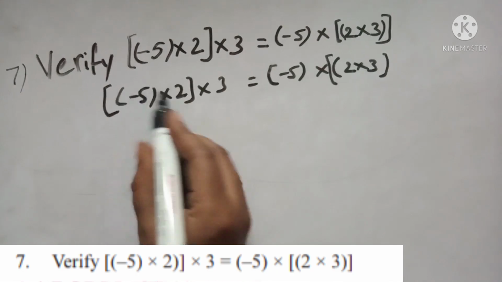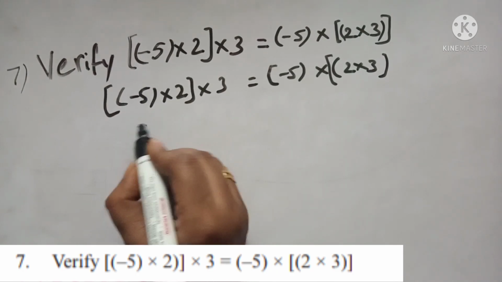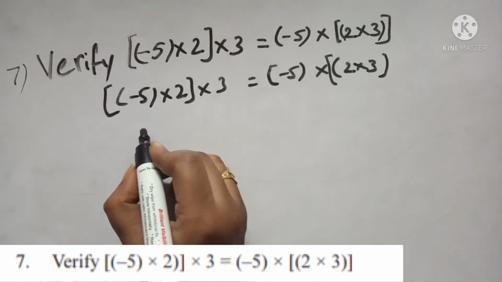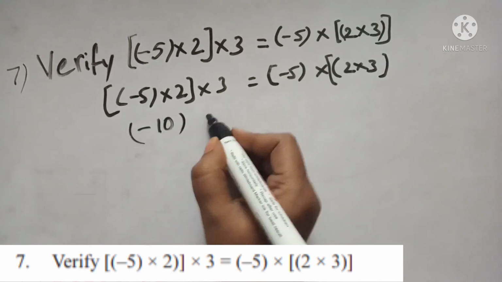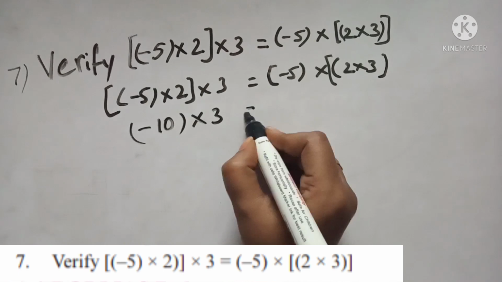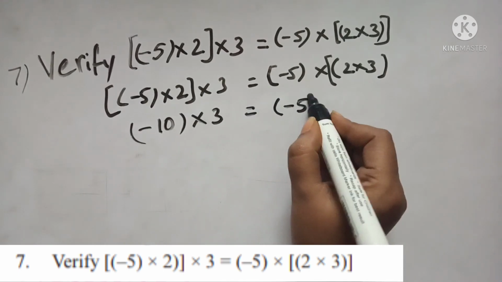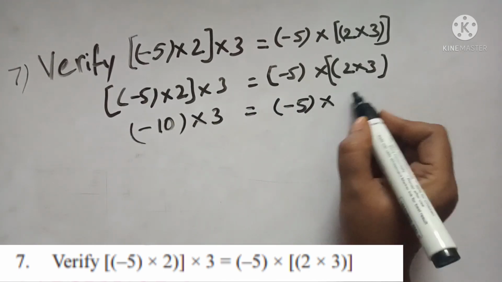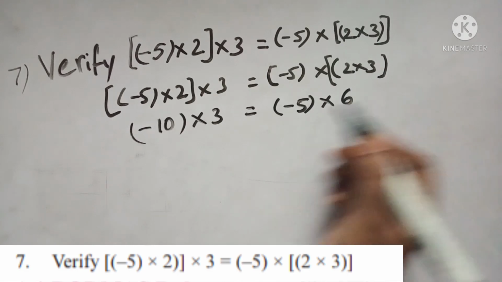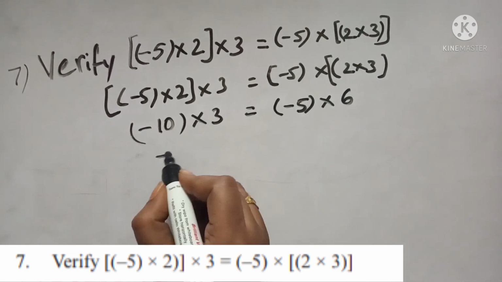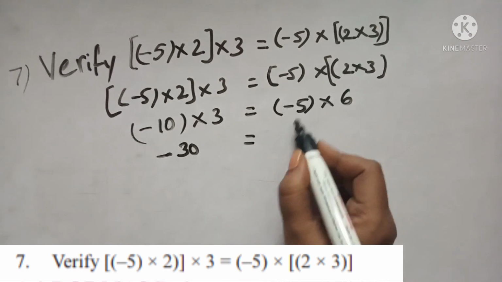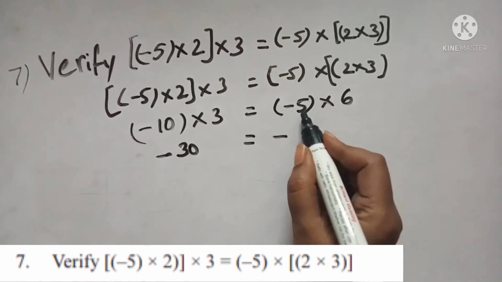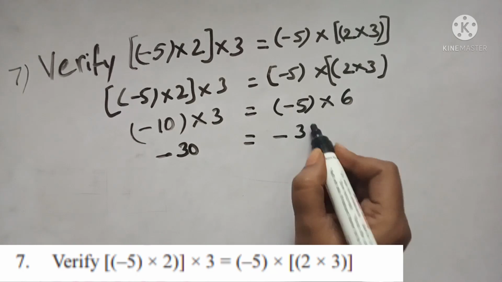Now here minus into plus is minus. Minus 5 into 2 is minus 10, minus 10 into 3 is minus 30. On the right, 2 into 3 is 6, minus 5 into 6 is minus 30.